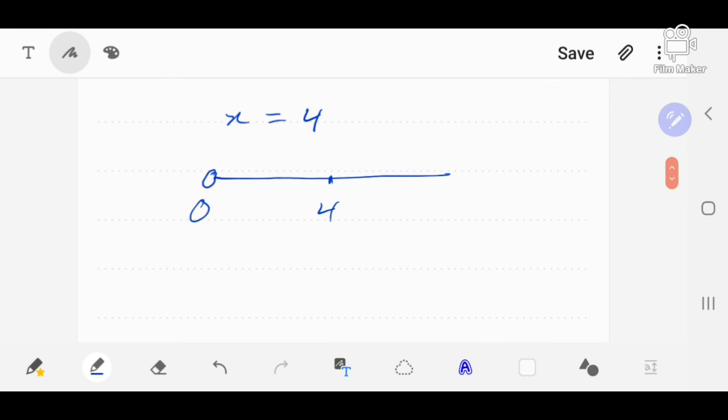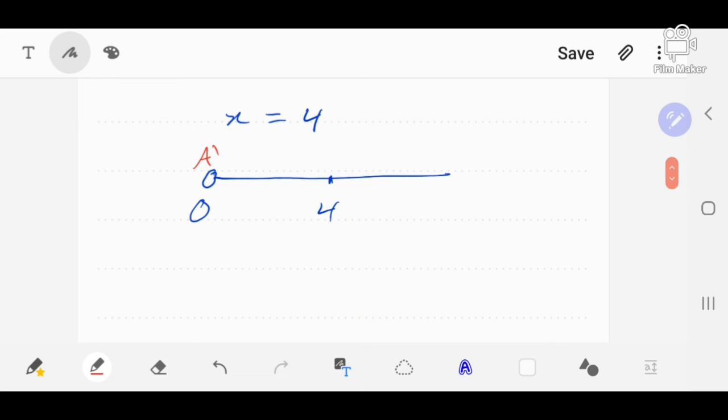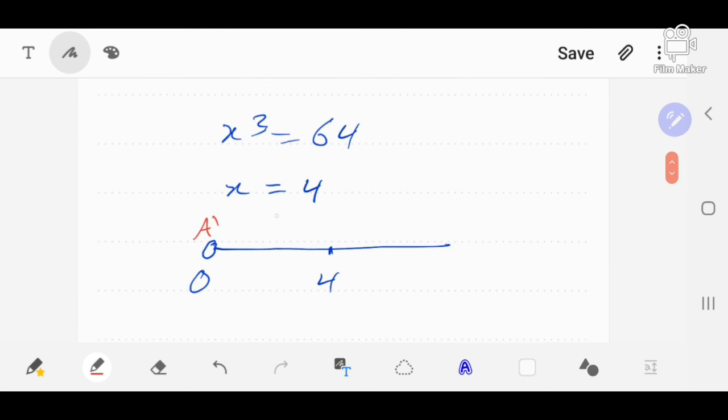Let's check the sign of A prime. Let's choose a value less than 4, let's say 1, and here is my derivative. 2 times 1, that's 2, minus 128, that's negative.